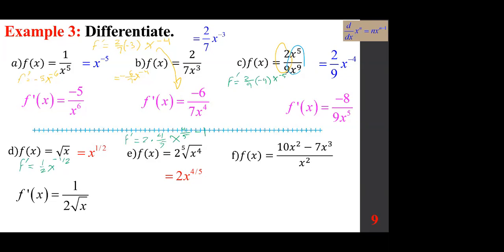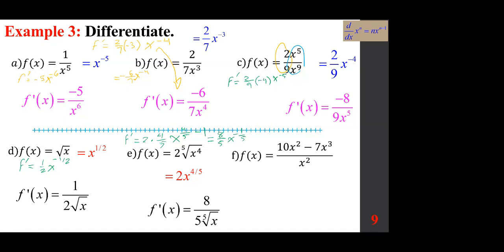So we have 8 over 5 x to the power of negative 1/5. It goes down, becomes x to the power of 1/5, and you can write it as the 5th root of x. At the very least, get rid of the negative. It's not acceptable as far as I'm concerned, okay? Get rid of the negative exponent.